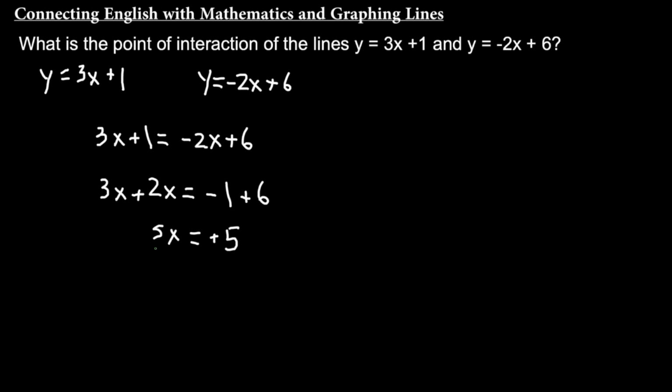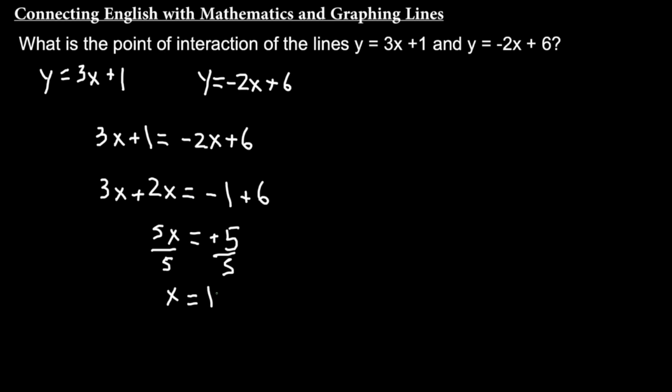To get rid of this 5, you have to divide by 5. Whatever you do to one side, you must do to the other side. So 5 divided by 5 is 1x, so just x, and 5 divided by 5 equals 1. But we're not done yet because we need a point of intersection. We need an x and a y value.